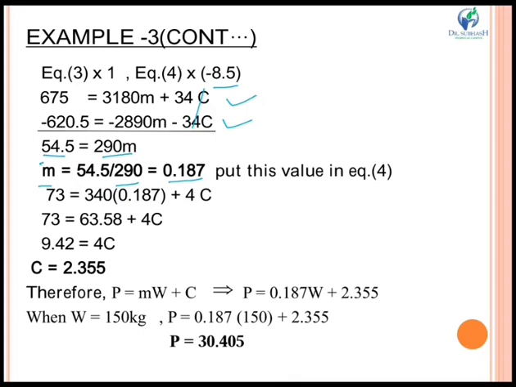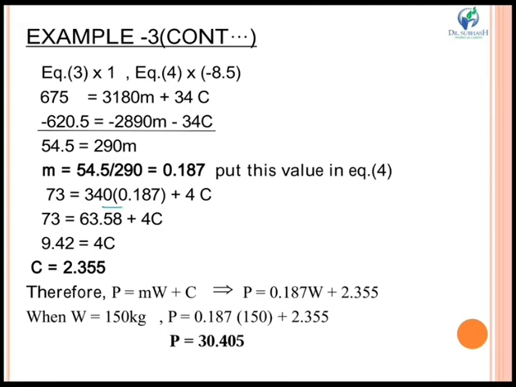Now I will put this value in either equation 3 or equation 4. Here I am putting this value in equation 4. I get 73 equal to 340 into 0.187 plus 4c.